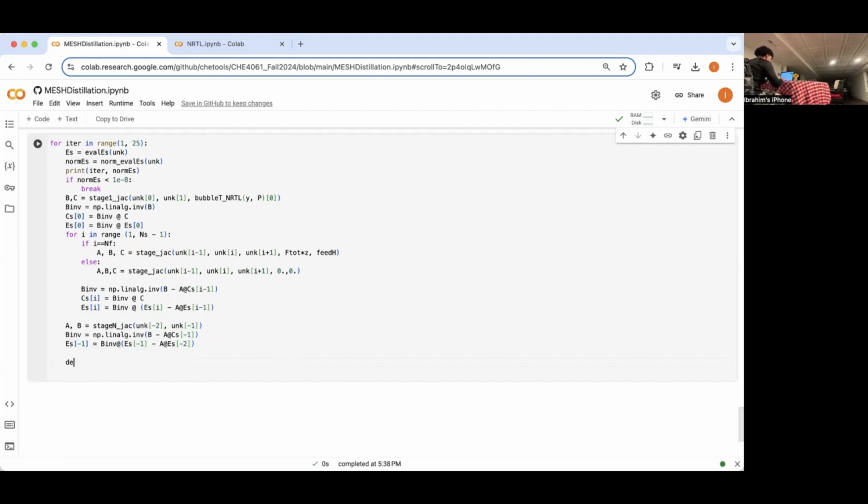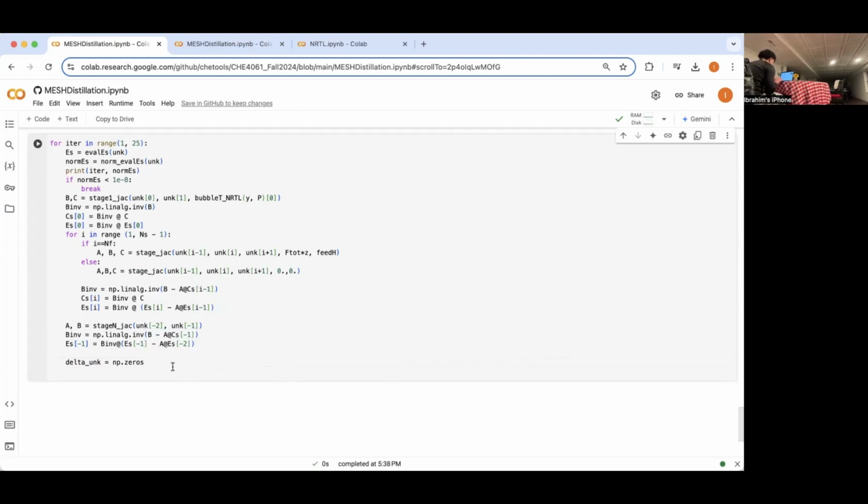So our delta underscore unknown is going to be equal to np dot zeros. Let me go ahead and brush up on this part a little bit.